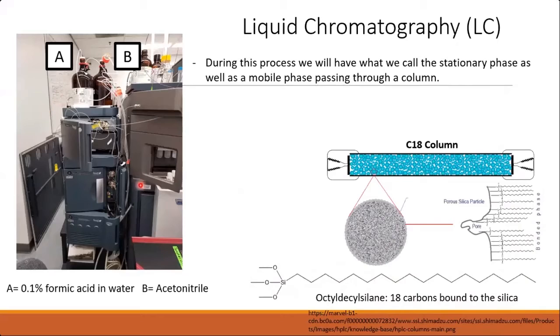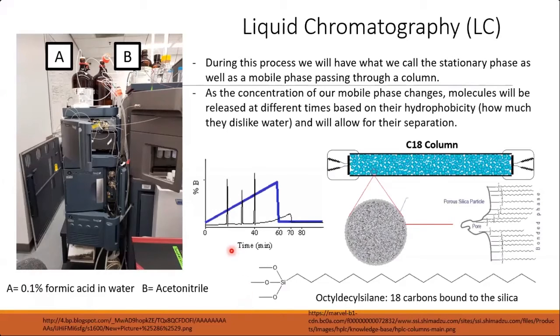Here is the actual LC instrument. On the top, these two bottles are our solvents, or the mobile phase. Solvent A is a 0.1% formic acid in water solution, while our solvent B is acetonitrile. What we're going to do is change the concentration of our mobile phase, as you can see in this graph depicting the percentage of our B solution.